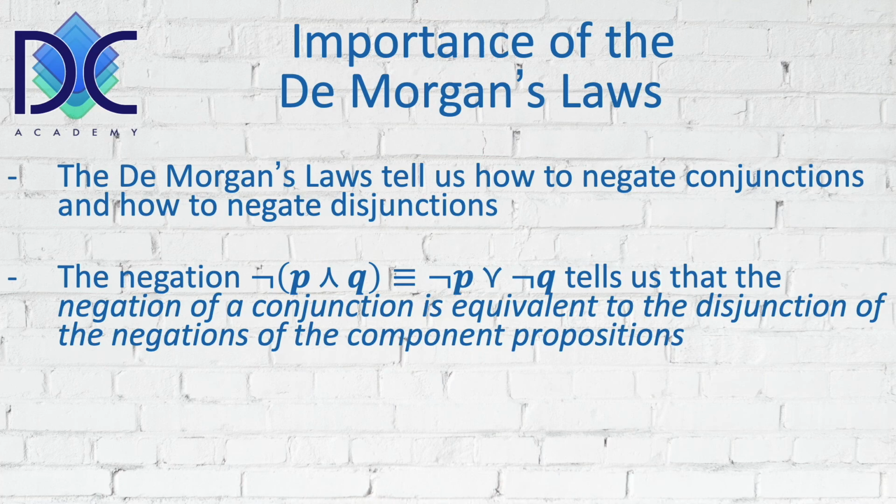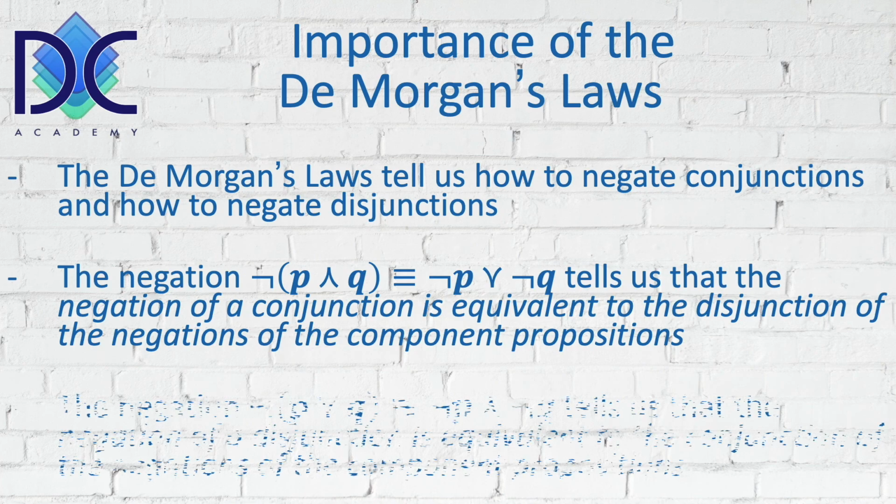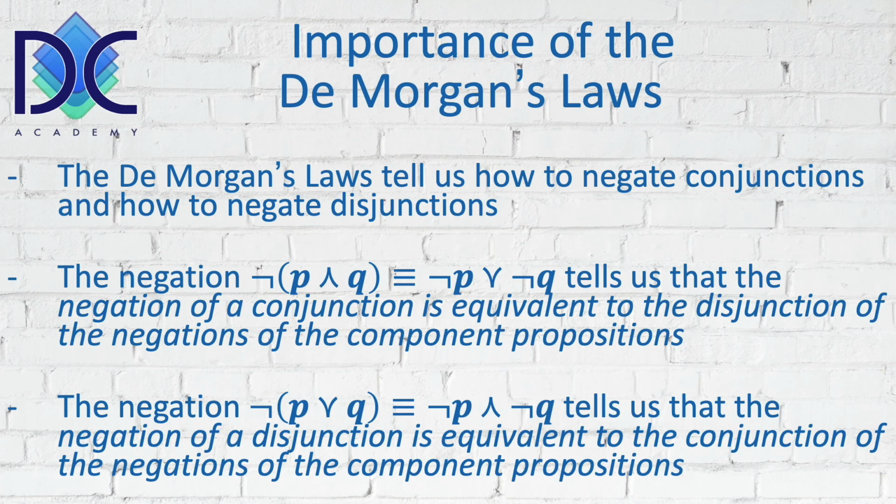What we can say is that the negation of P and Q is equivalent with the disjunction of not P and not Q. So we have the negation of the conjunction of P and Q is equivalent with the disjunction of not P and not Q. Now, this is a very good way to use these expressions, and the same we can do for the second law: the negation of the disjunction of P and Q is equivalent to the conjunction of the negations.